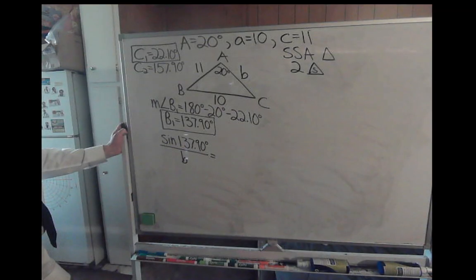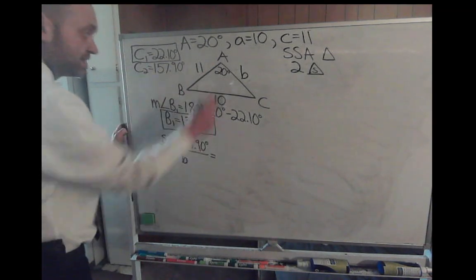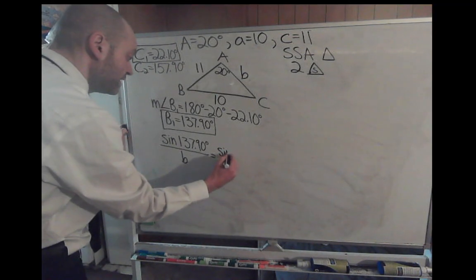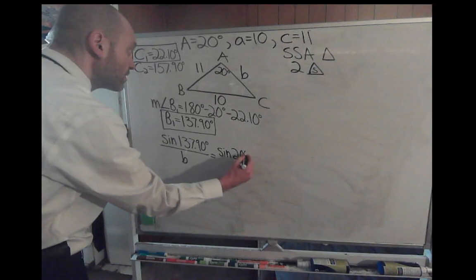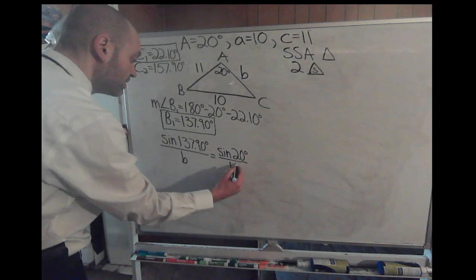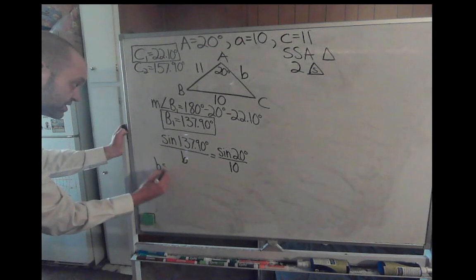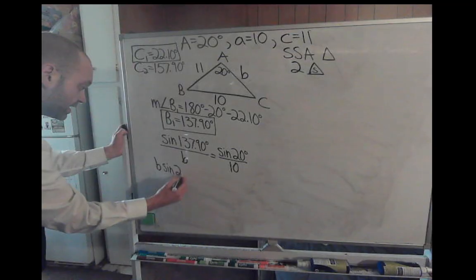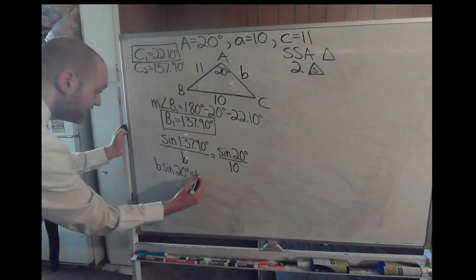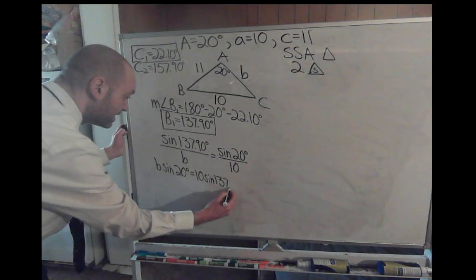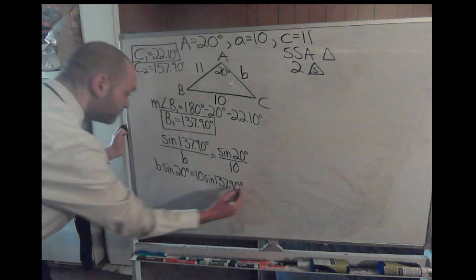I'm going to vote we do angle A since it has an even number. That would equal the sine of 20 degrees over 10, which then means that B times the sine of 20 degrees equals 10 times the sine of 137.90 degrees.